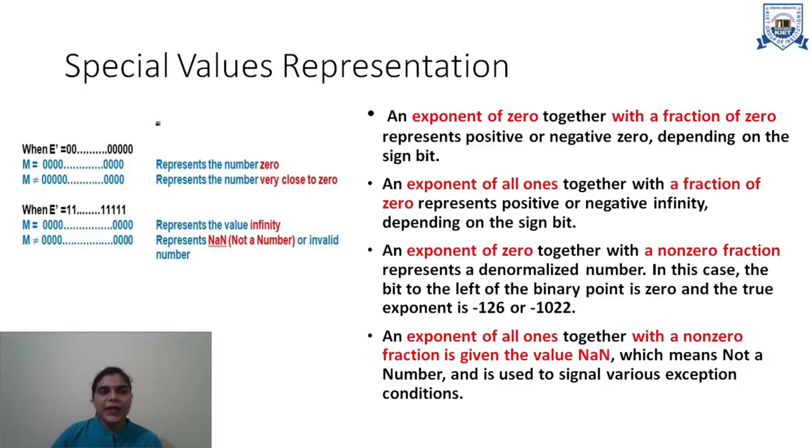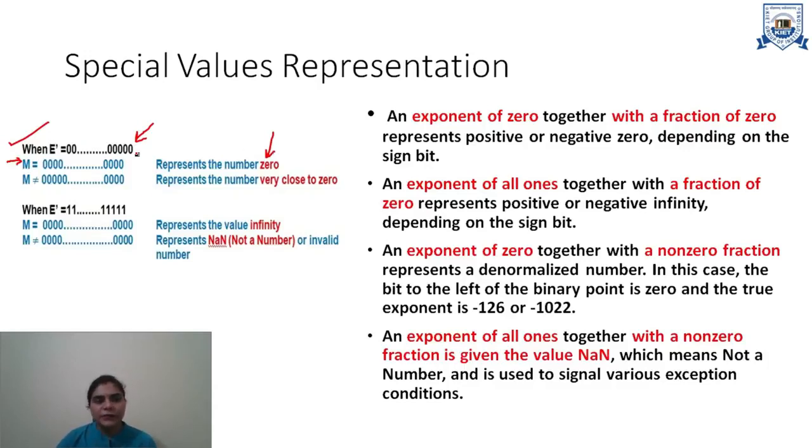So now we will look at some special value representations. As we have discussed before, we always exclude the biased exponent values where the biased exponent contains all zeros or all ones. When the exponent contains all zeros, it depends on the mantissa part what value is being represented. When the exponent is all zeros and the mantissa part is also 0, it represents the value 0. For the system it is the value 0.